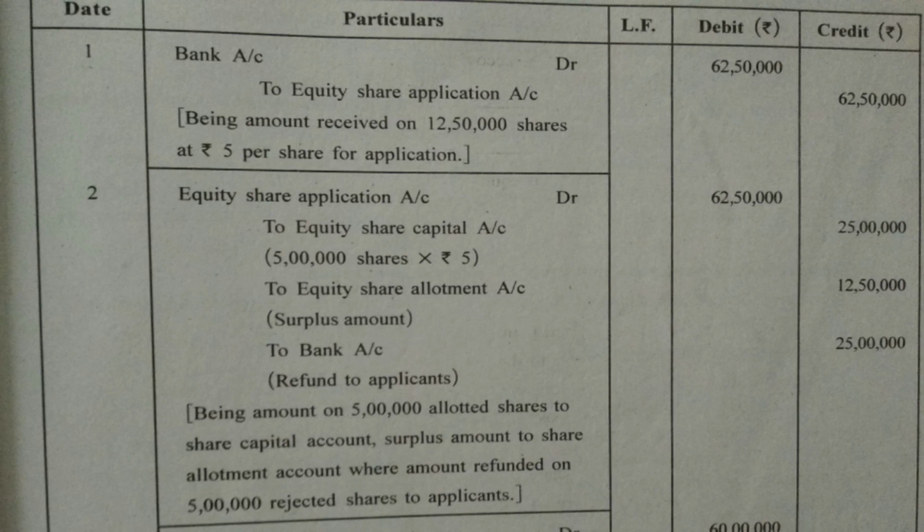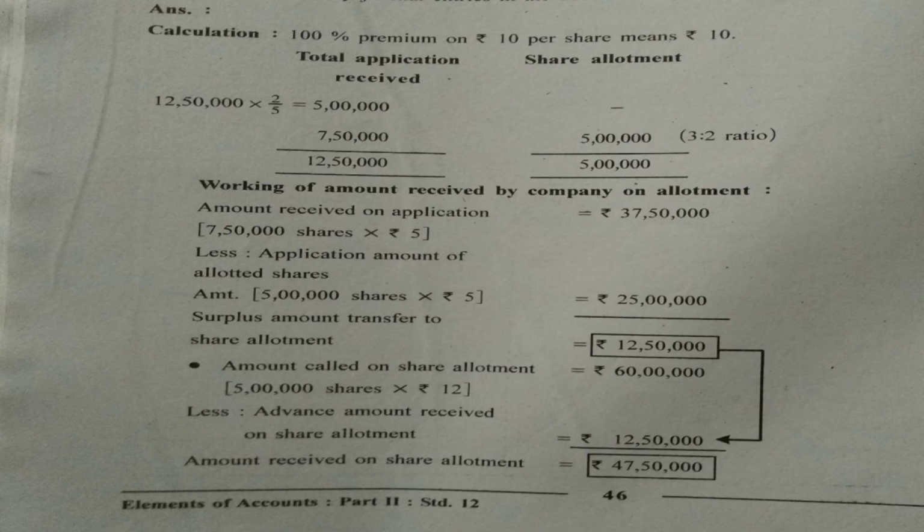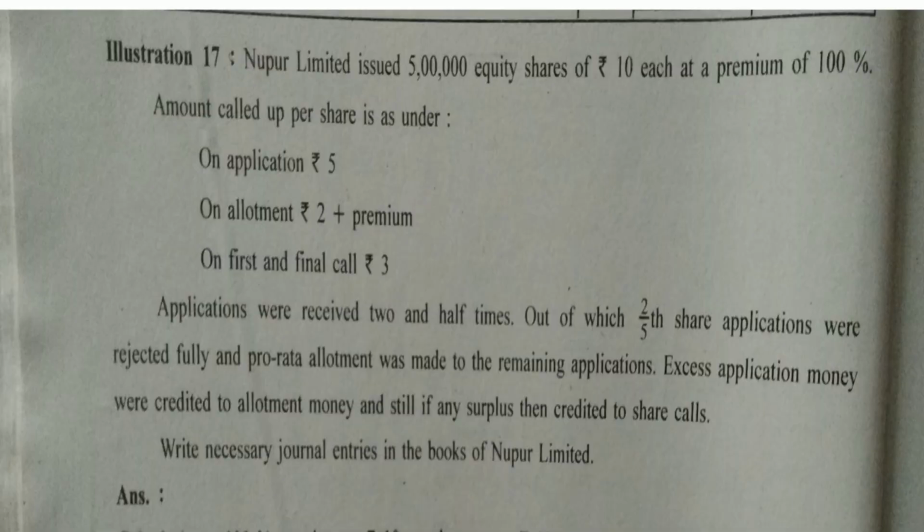The first journal entry says bank account debit to equity share application account. So applications have been received for 12,50,000 shares. How? 2.5 times of 5 lakh. So 2.5 times of 5 lakh is what? It is 12,50,000 shares. And what is the amount called up with application? Rupees 5. Here it is. And applications were received 2.5 times.